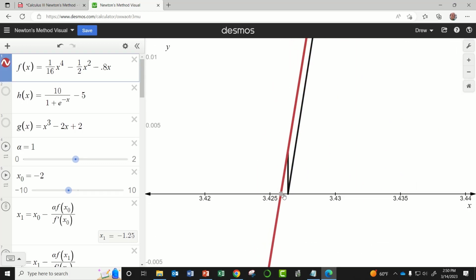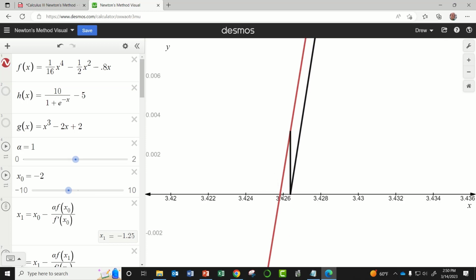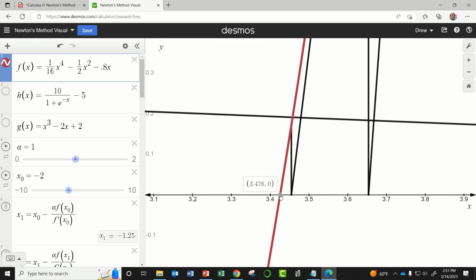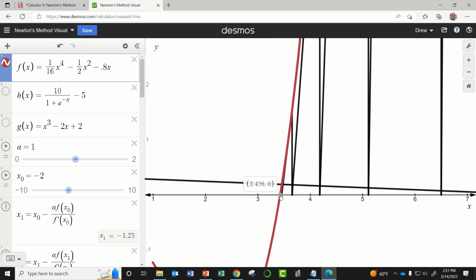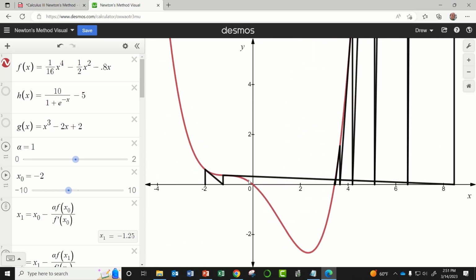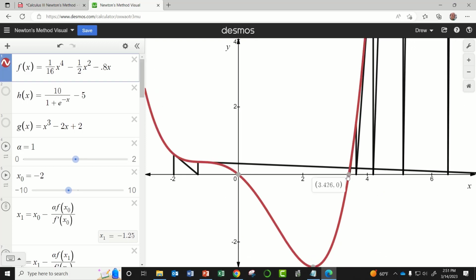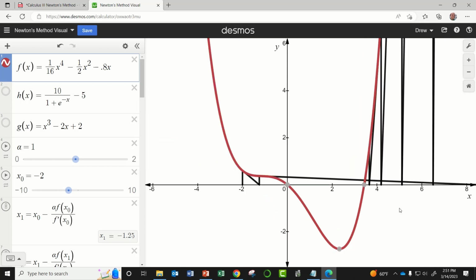So that's an interesting lesson learned then, that Newton's method doesn't always converge to the closest 0, right? If you start with initial iterate -2, Newton's method won't converge to 0, which is the closest 0 of my function. Instead, it converges to this 0 at 3.426. Kind of crazy.